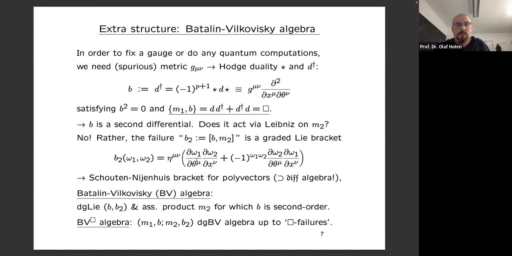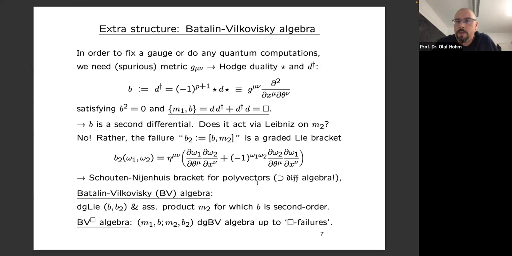So it's a d theta mu, dx nu, contracted with eta mu nu. That's the kind of term that survives and has this Poisson bracket type structure. And if you work out what this is in differential form, for differential forms, this is actually equivalent to something called the Schouten-Nijenhuis bracket, which is a bracket defined for polyvector fields, not for differential forms.